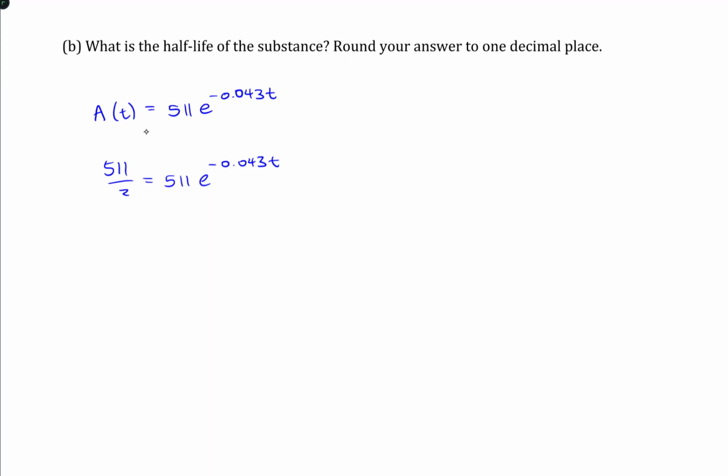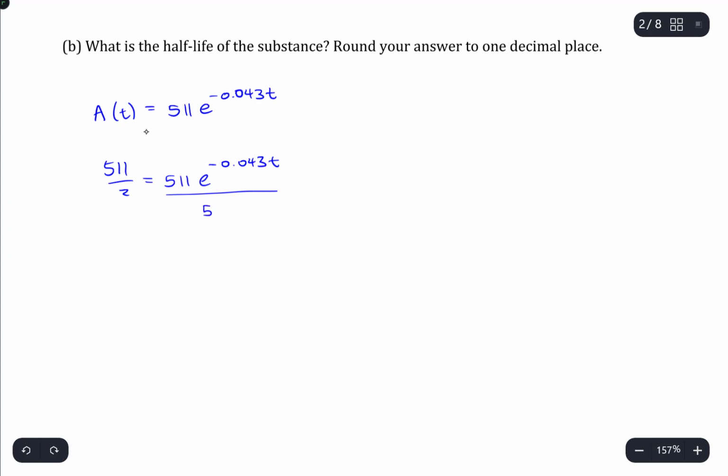So first thing we would need to do is just divide both sides by 511. But what's interesting here is, if you work with these fractions, 511 divided by 2 over 511, just put this bottom 511 over 1. And so this is 511 over 2 times 1 over 511. So the 511s just cancel, and what you're left with is 1/2.